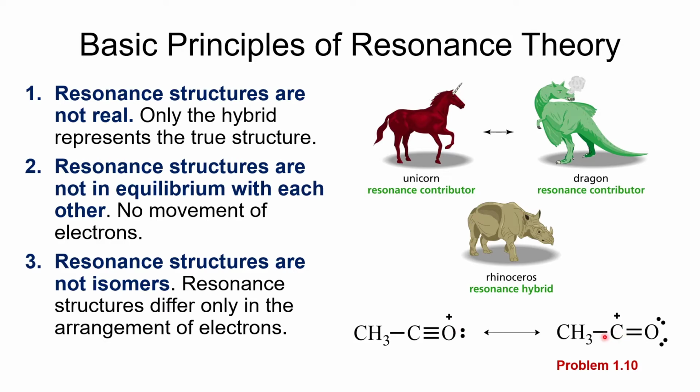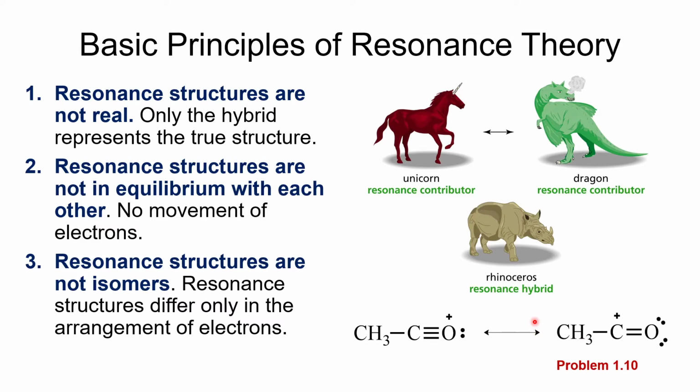Whereas on this resonance structure, we've only got a double bond, and we end up putting the positive charge on the carbon. Those are resonance structures, and the true structure is going to be something where we get partial positive on the carbon and partial positive on the oxygen. You'll notice, though, that the atoms are all in the same order. They're all connected in the same way. Neither one of these is the true structure, and the electrons are not literally moving when we're doing this, because the true structure is just the hybrid.